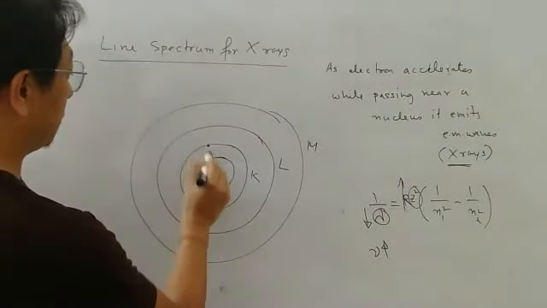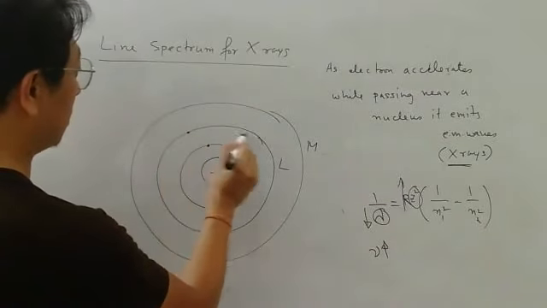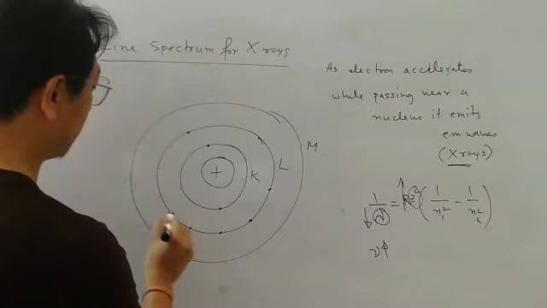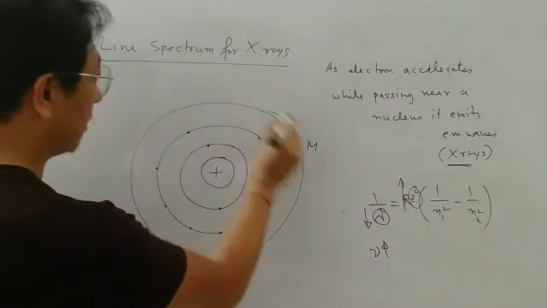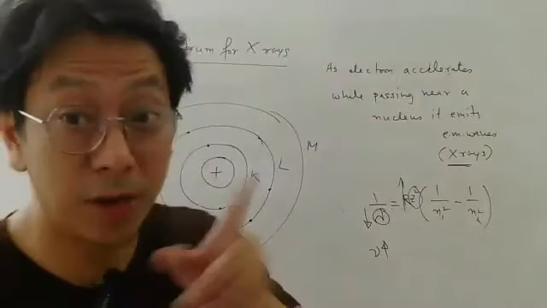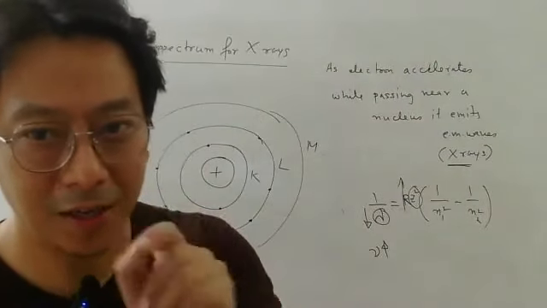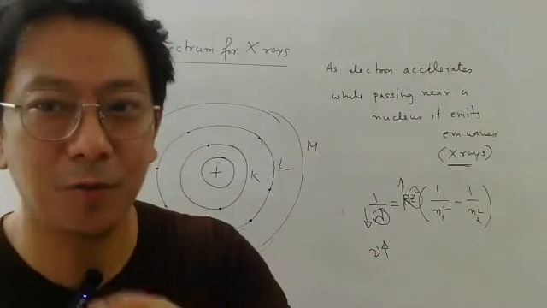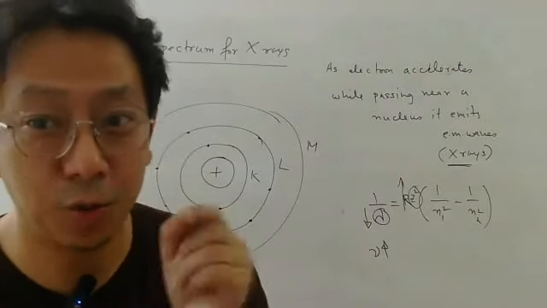So here 2, here 1, 2, 3, 4, 5, 6, 7, 8. Then here also there will be 18 electrons and so on. That formula, 2n square formula I gave you: depending on which shell, how many electrons will be in that shell? 2n square.